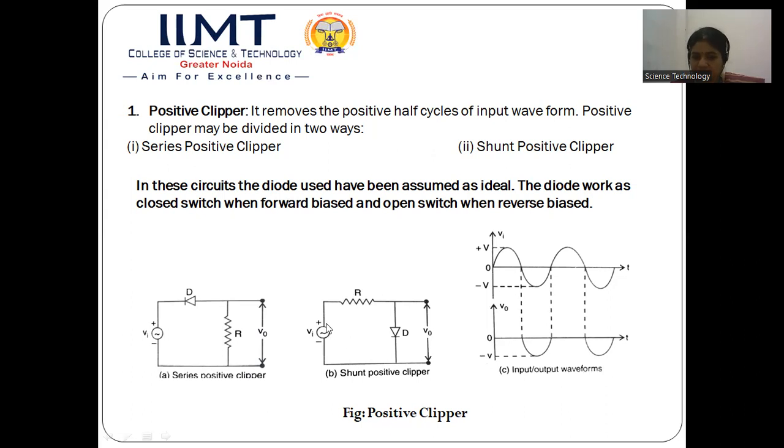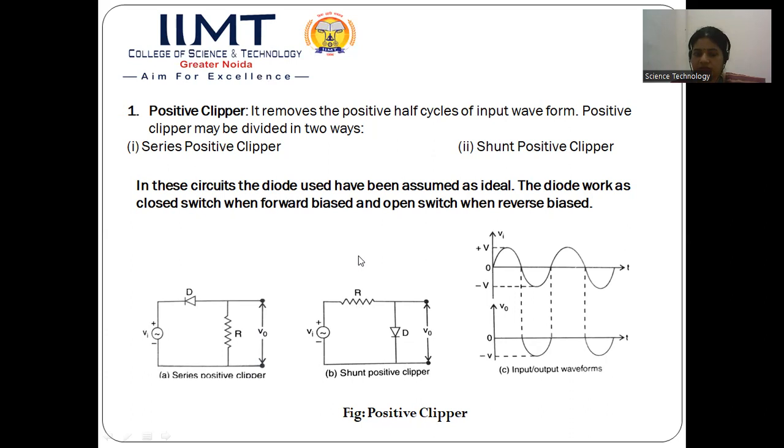During the negative half cycle, this will become negative and this will become positive as the polarities are reversed. So in that case, the diode will become reverse biased. Reverse bias means it will act as an open switch. Whenever it is acting as an open switch, all the voltage will appear across the diode and hence we will get the output voltage. So again, in the negative half cycle in the shunt positive clipper, we will get the output waveform and this process continues.